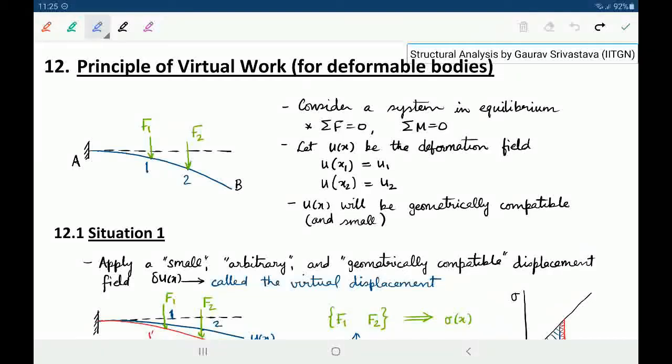In this session, we will learn about application of the principle of virtual work for deformable bodies. In one of the earlier sessions, we saw how to use the principle of virtual work for calculating the support reactions of systems.